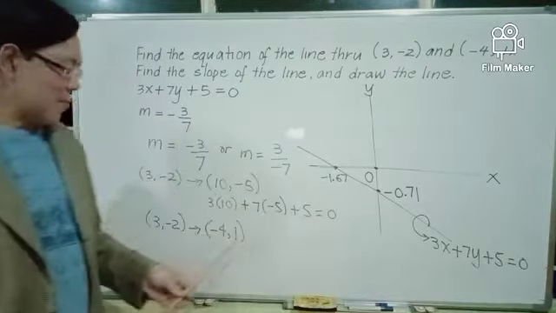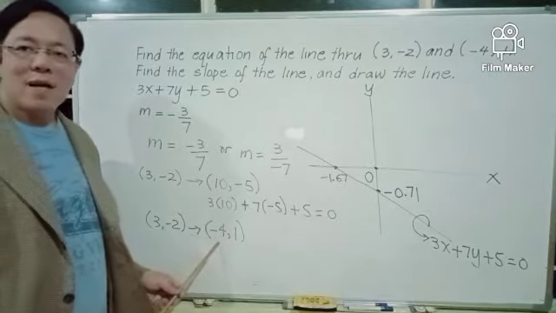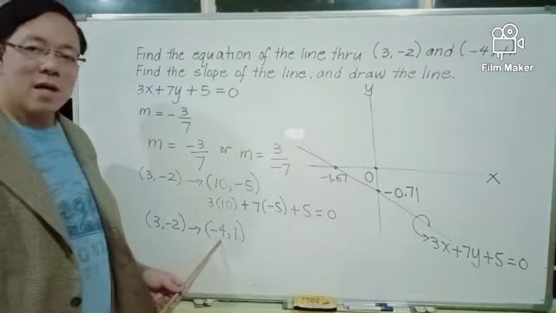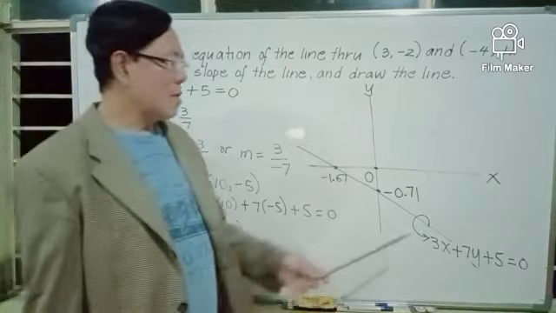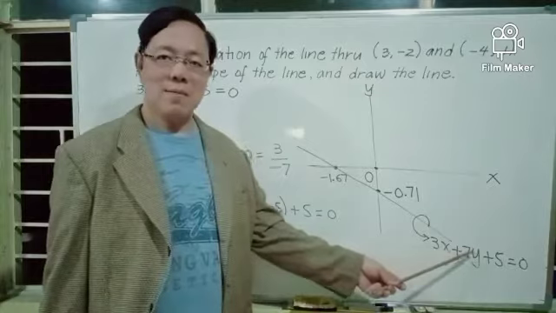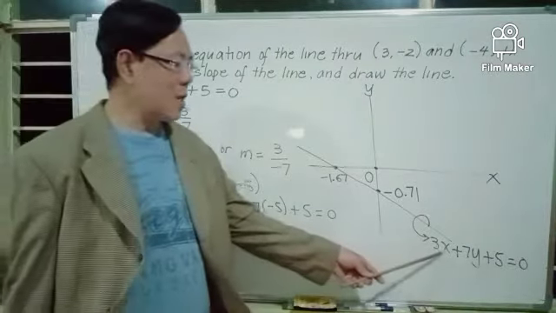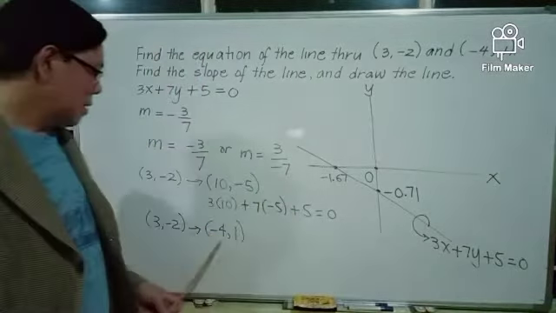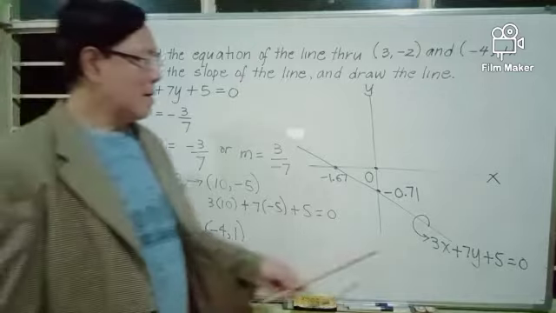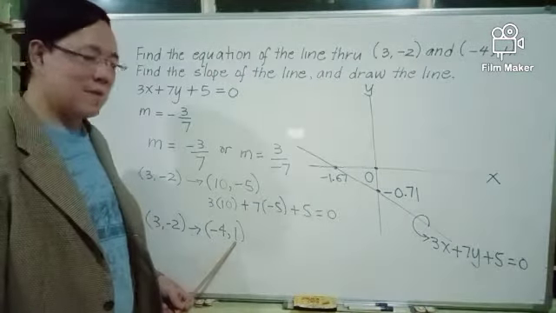Now we check if this is really a point on the line. We said that if this is a point on the line, the coordinates of this point must satisfy the equation of the line. To check that, in the equation of the line, we replace x with negative 4 and y with positive 1.